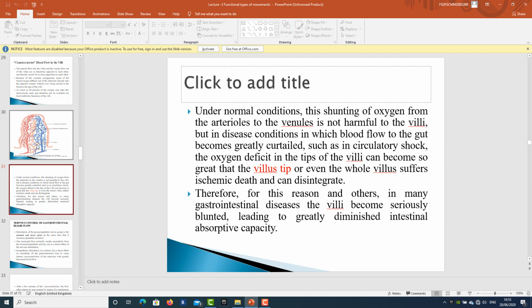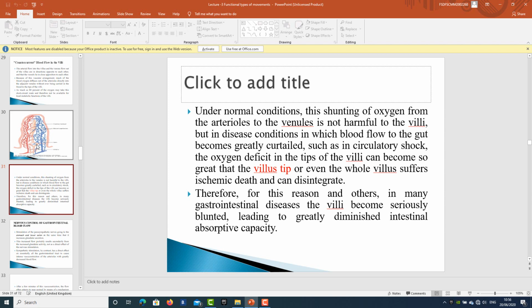Under normal conditions, this shunting of oxygen from the arterioles to the venules is not harmful to the villi. But in disease conditions in which blood flow to the gut becomes greatly decreased, for example circulatory shock, the oxygen deficit in the tips can become so great that it can lead to ischemic death of the villus and disintegration.